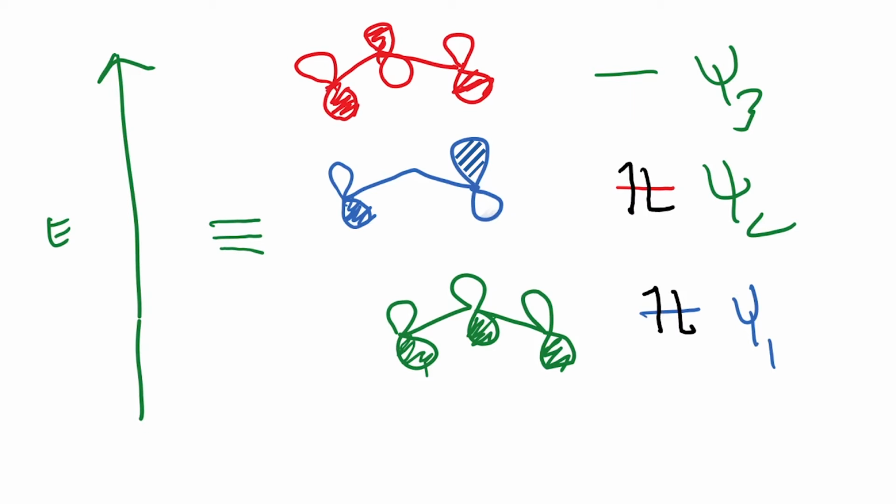Please pay particular attention to this, because this orbital is the HOMO, the highest occupied molecular orbital, and this is the LUMO, the lowest unoccupied molecular orbital. As we discussed earlier, in terms of reactions, when a negatively charged species reacts, the most important orbital that we would like to consider is the highest occupied molecular orbital.